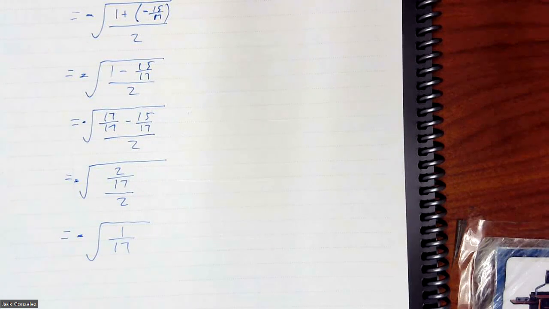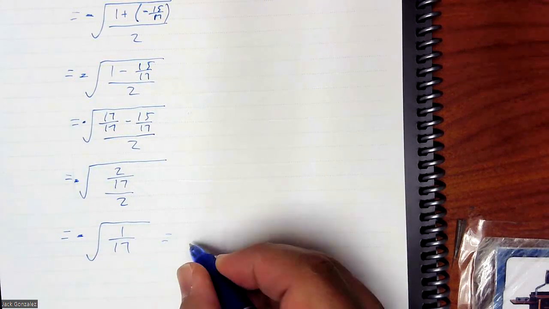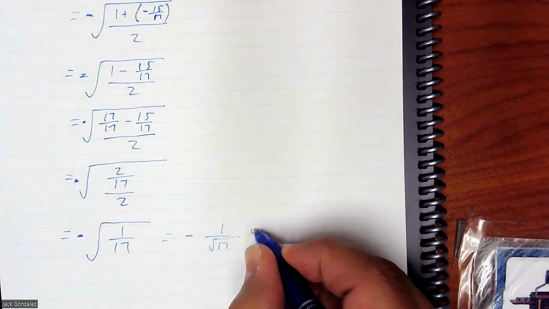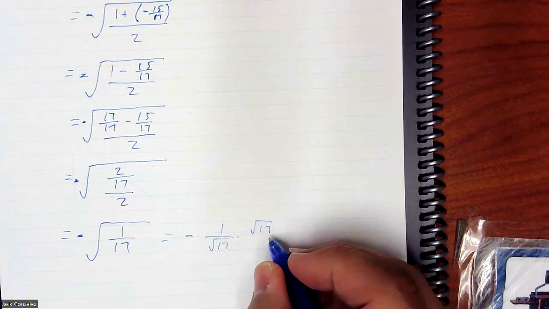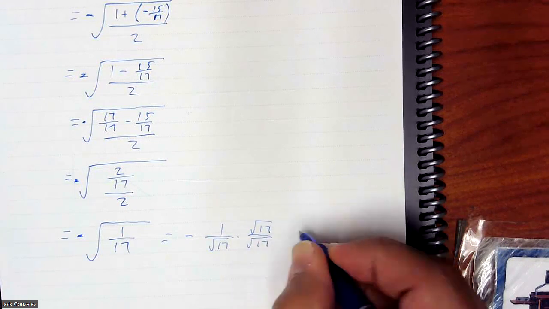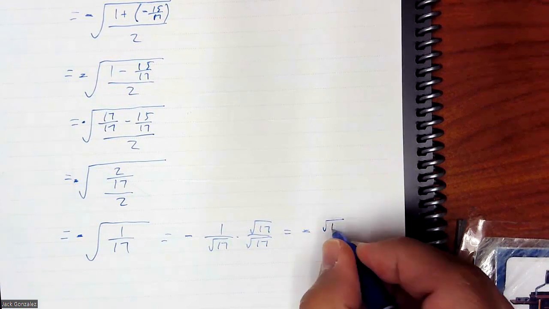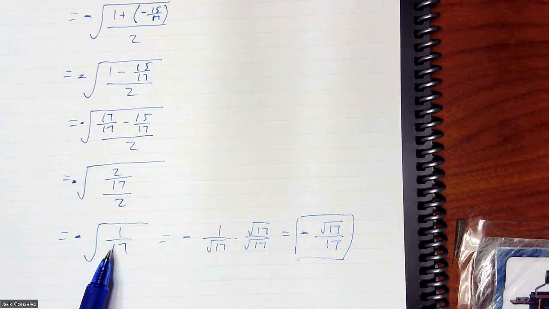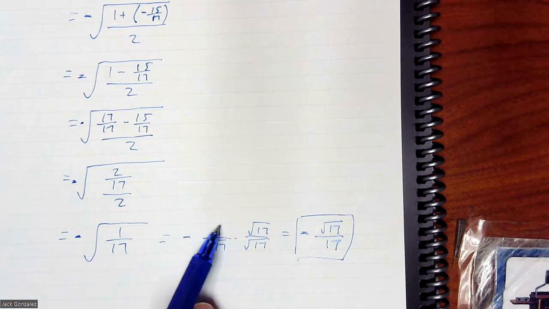Flip it over times the half, the twos will cancel. Square root of 1, well, that's just 1. Rationalize. We get negative square root 17 over 17. If you want to stop here, that's fine, or this one.